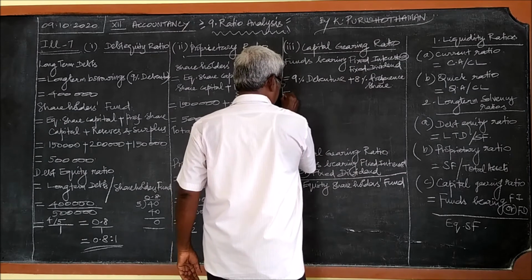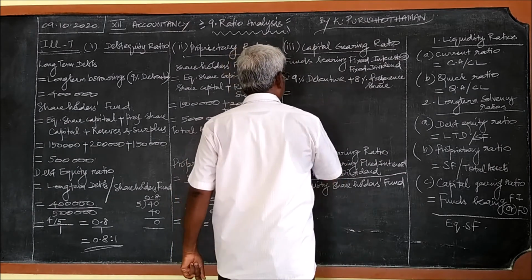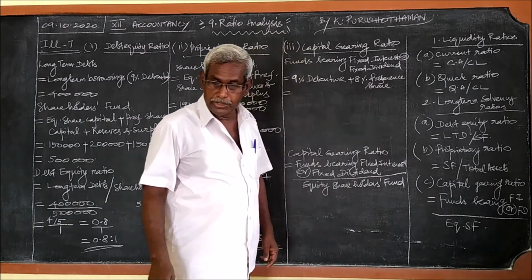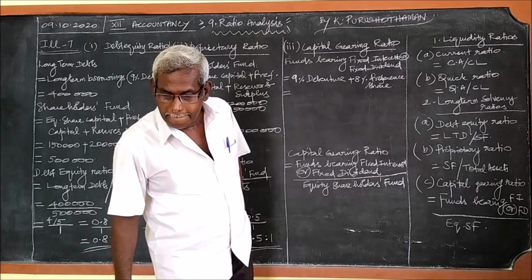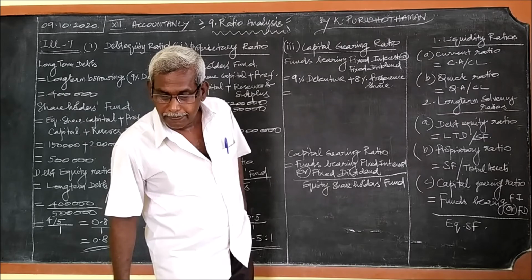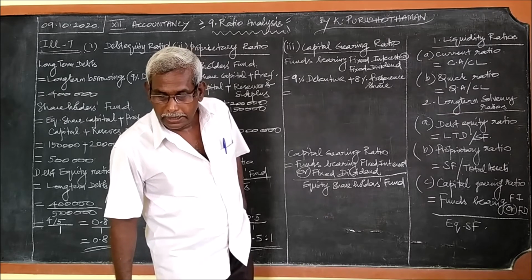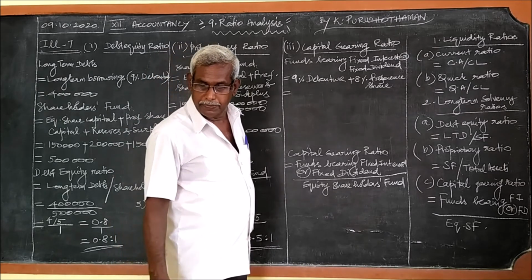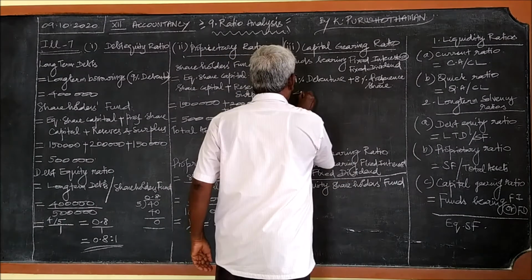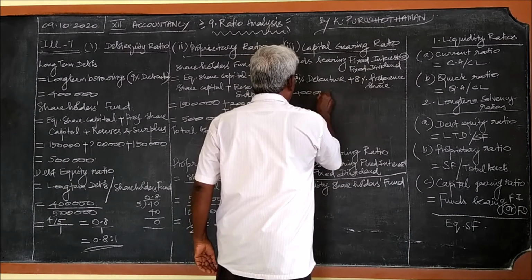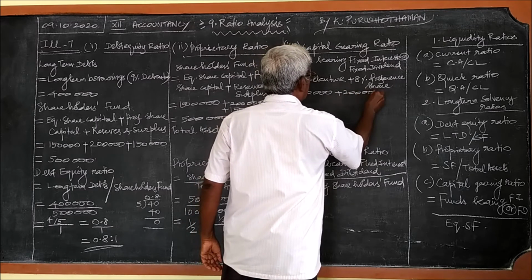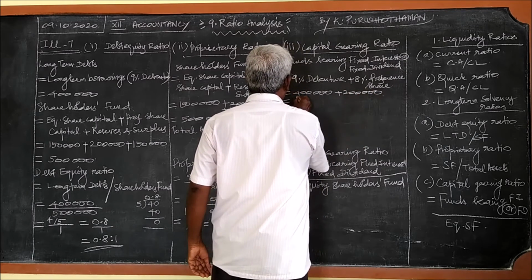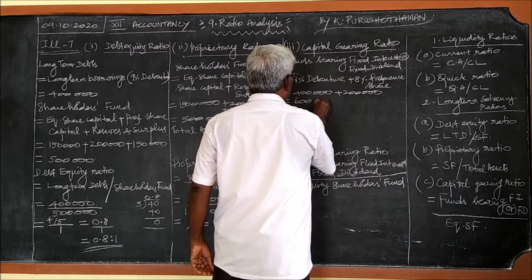The 9% debenture value is 4 lakhs, and the 8% preference shares are 2 lakhs. So 4 lakhs plus 2 lakhs is equal to 6 lakhs.